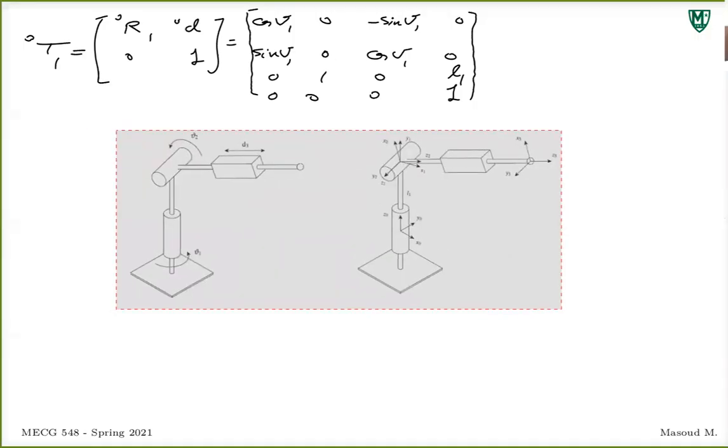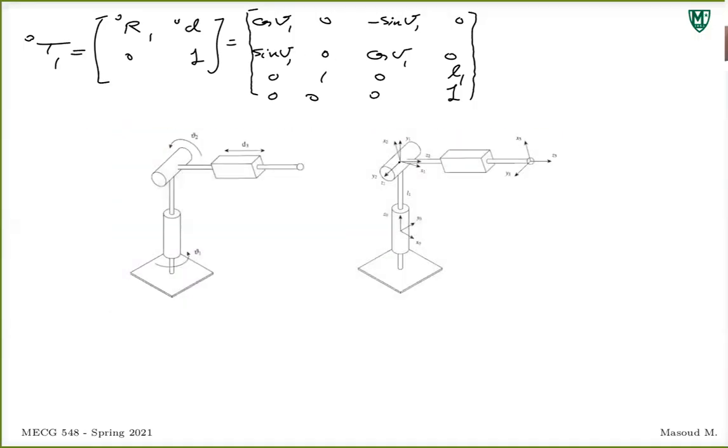In this one, just look at these ones. You have x1, y1, z1, and you're going to x2, y2, z2. We're going to this.